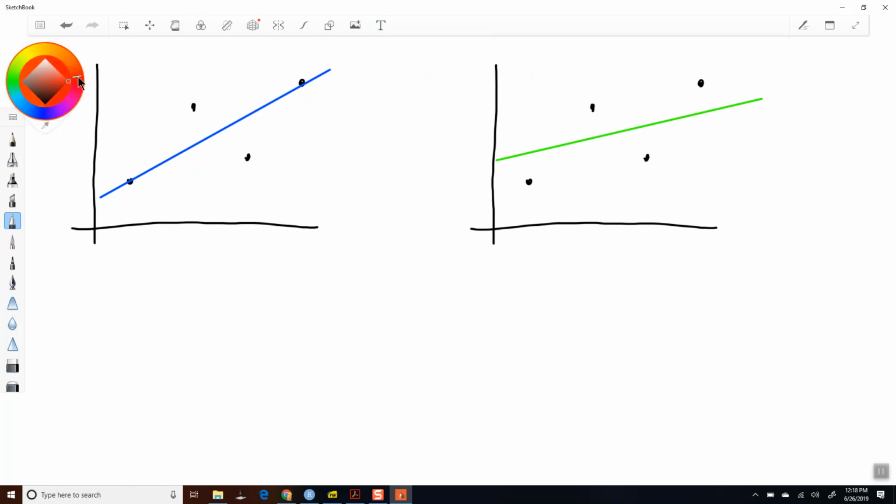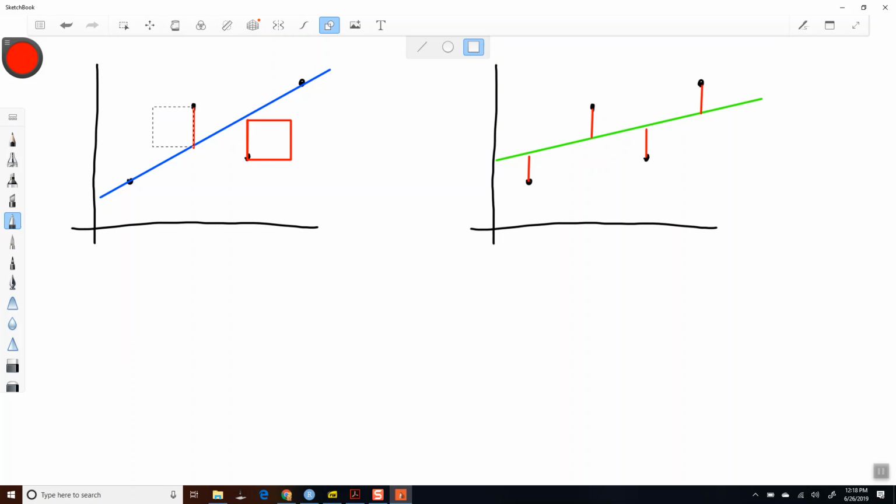Well, what we do is we're going to look at the residuals for each of these things, and the residual is going to be the vertical distance between what the line predicts and what the actual value is. Okay, so we have this and we've got this. So these are the residuals. And then what we do is we square each of these residuals. So the squared residual will be something like this.